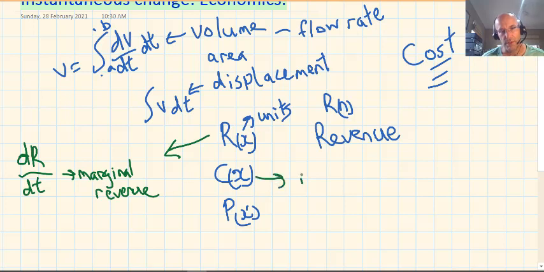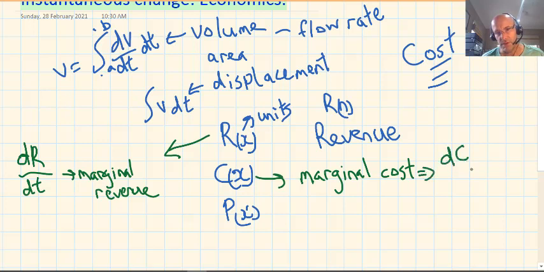Hence, this would be the marginal cost if we have dC/dt. Sorry, dx, that is dR/dx is the marginal revenue, how much revenue changes according to the number of items produced, and marginal cost is the change in cost per item produced.